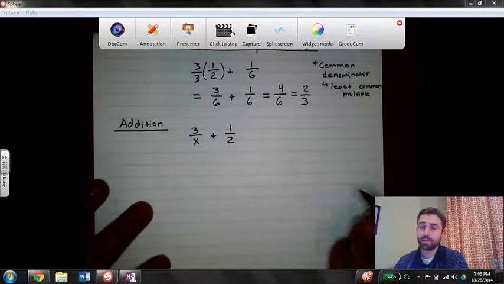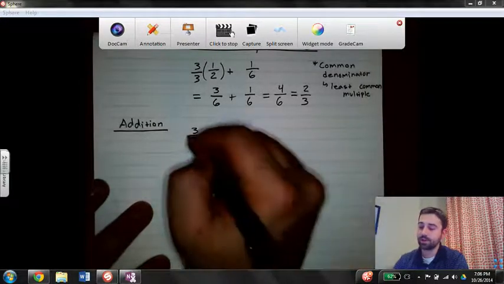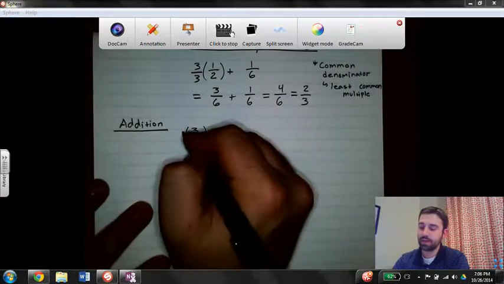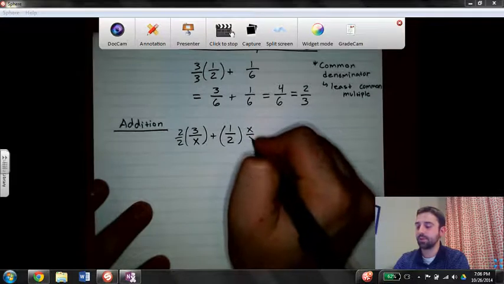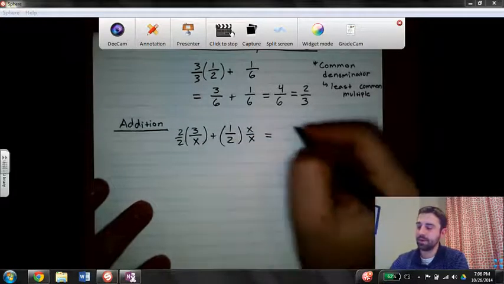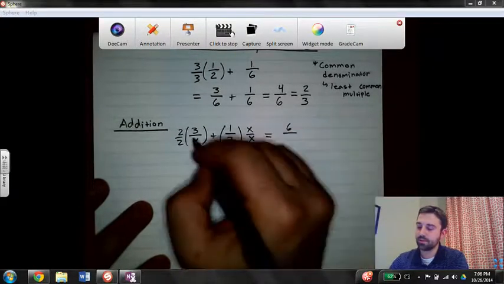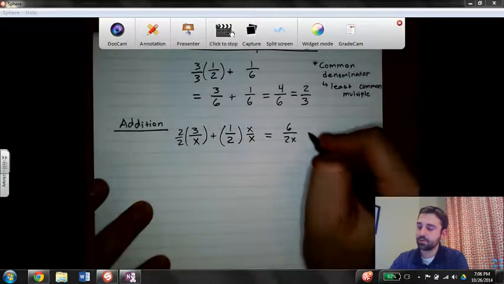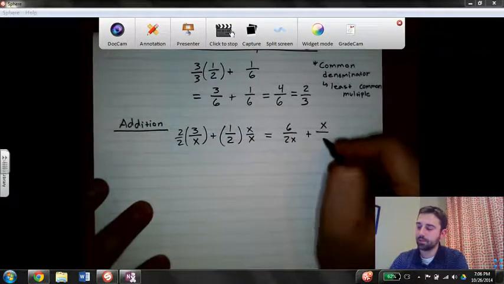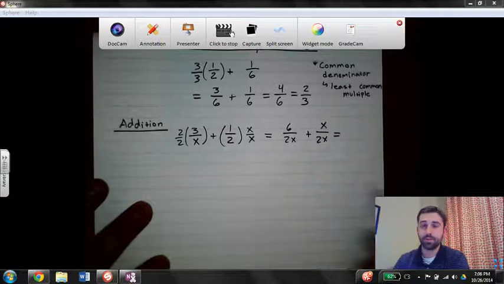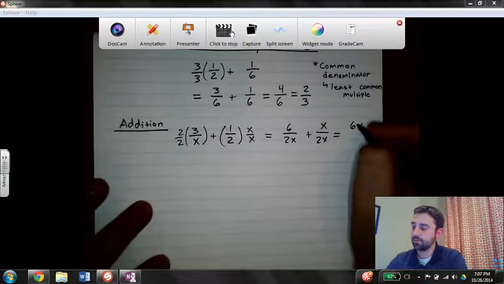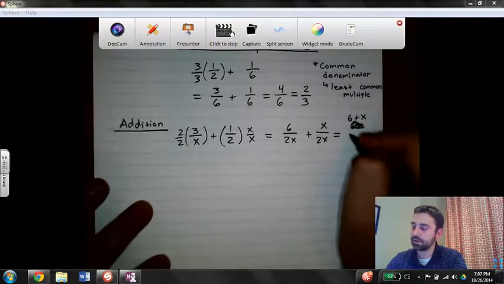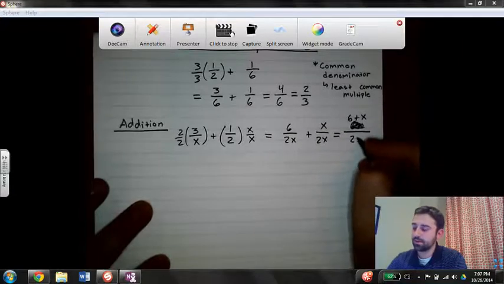In this case it is going to be 2x, so I can multiply this first fraction by 2 over 2 and this second fraction by x over x, giving me the new expression 6 over 2x plus x over 2x. The denominators are the same, and I can add across: 6 plus x divided by 2x.